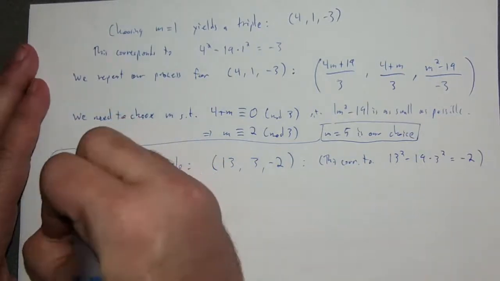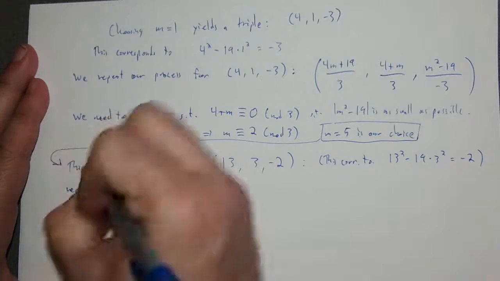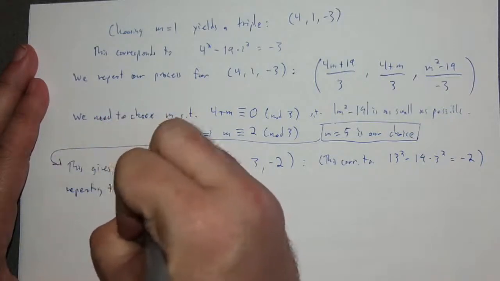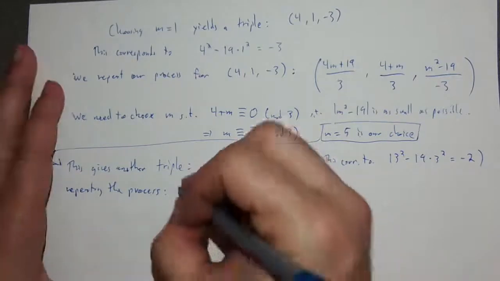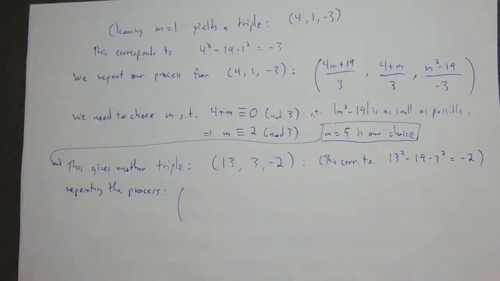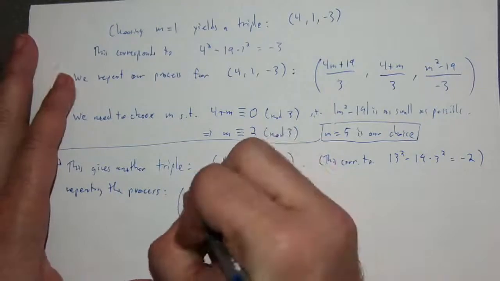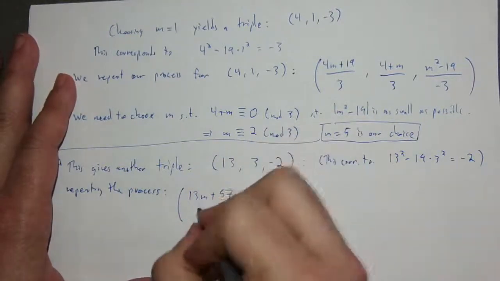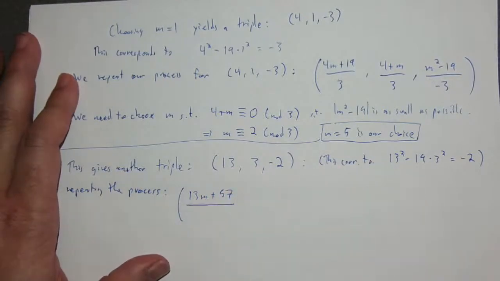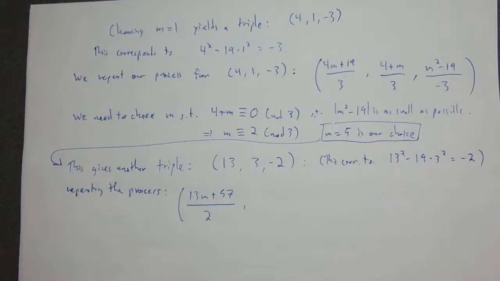So repeating the process, what triple do I get? I get 13m + 57 over positive 2. That's the absolute value of minus 2. So 13m + 57 is what I get in the first slot.